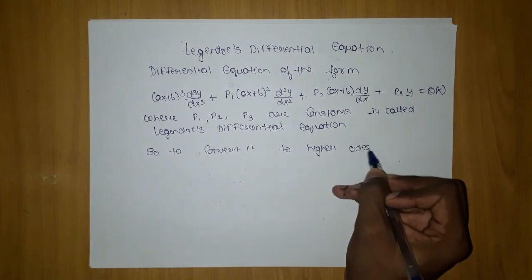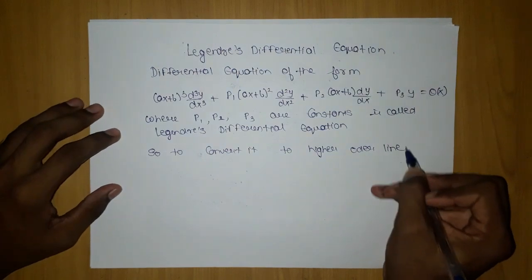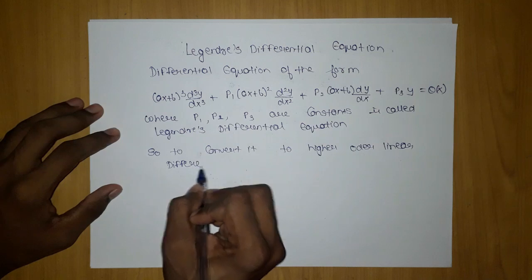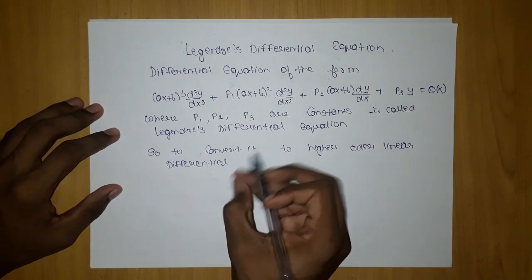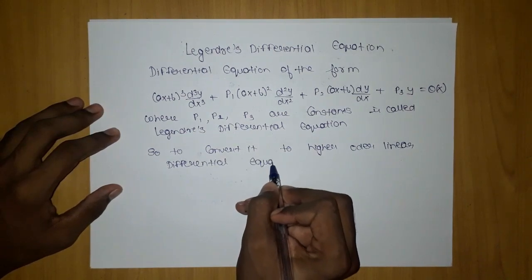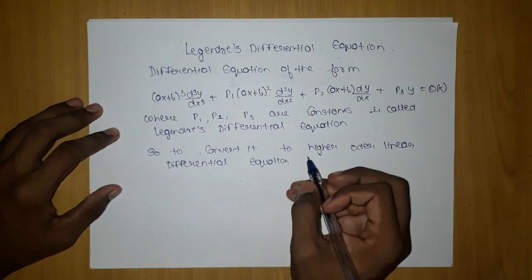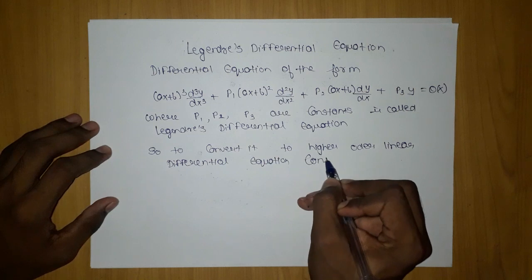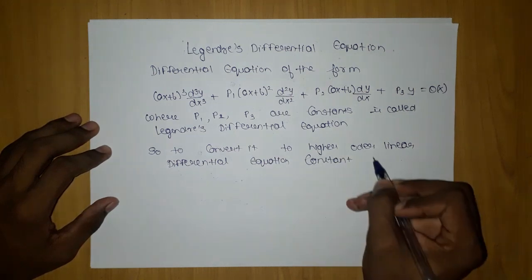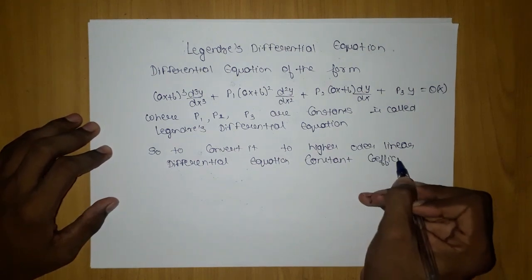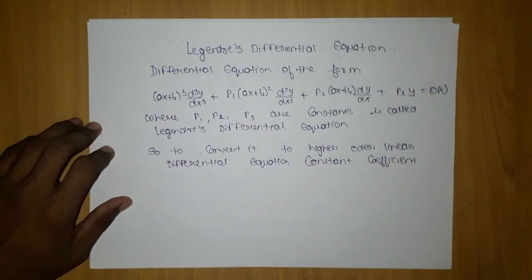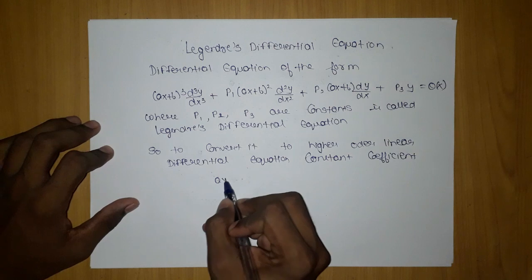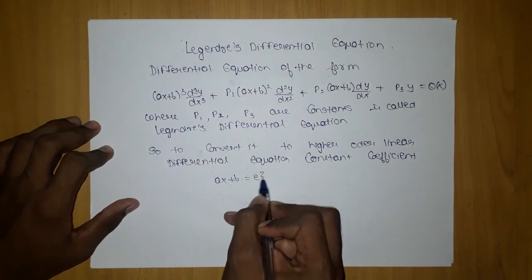So to convert it to a higher order linear differential equation with constant coefficients, we are going to do a substitution: we will substitute ax+b as e to the power z.